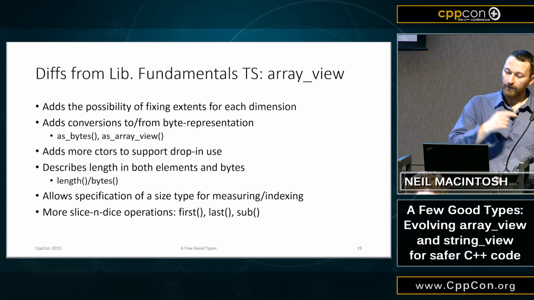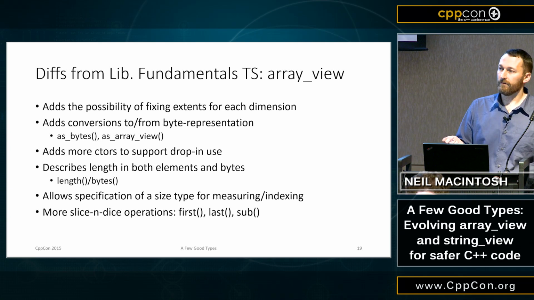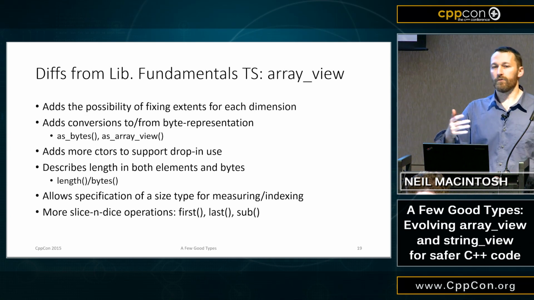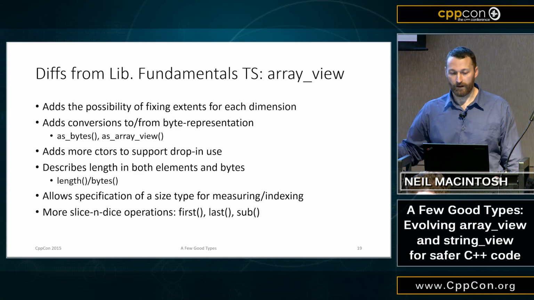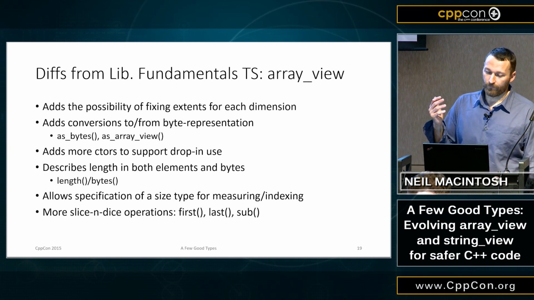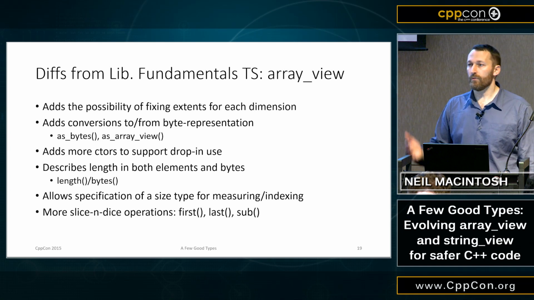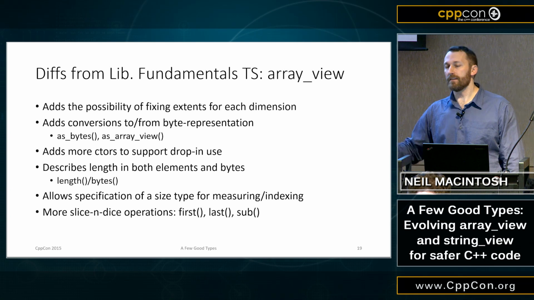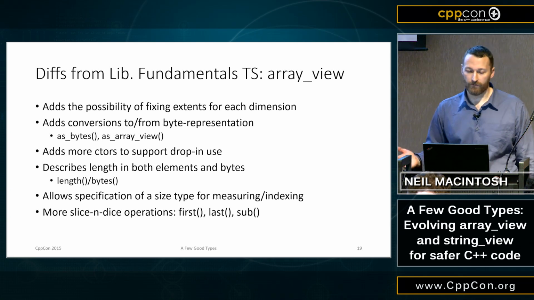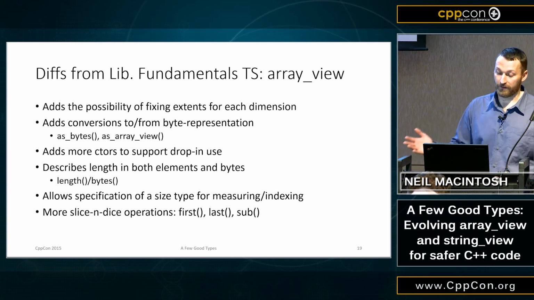We added the conversions to and from byte representation. We do that because we've also defined a byte type in the GSL, which is a useful thing to have, we think, distinct from char, which is a character, not a byte. We added more constructors than the ArrayView TS has to support drop-in use with all the standard containers and variations of array that are in the universe that we know of today.